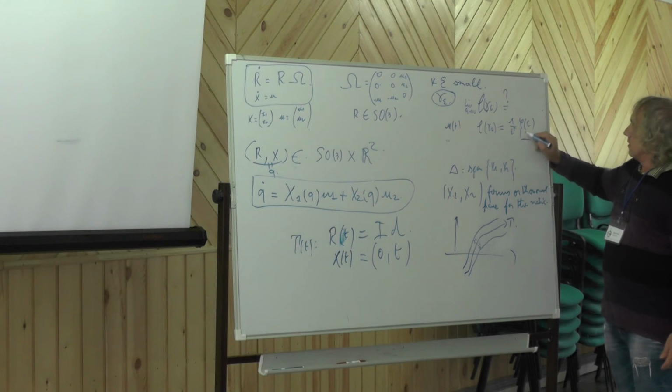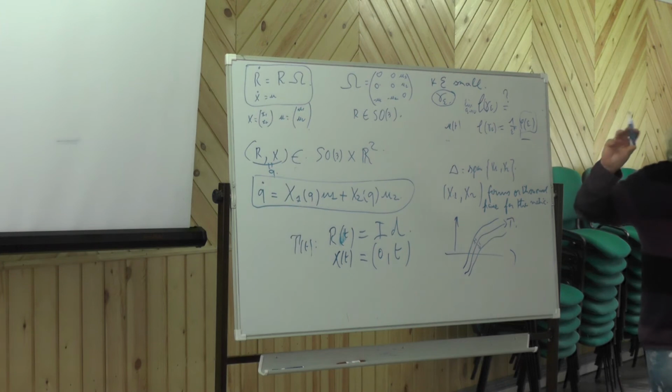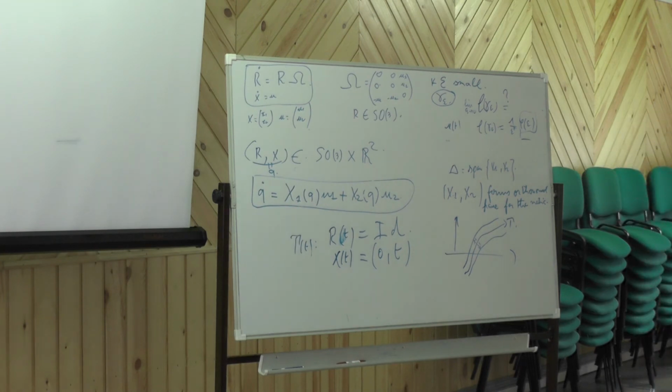And so the asymptotics of this function phi, the leading term when epsilon tends to 0, is something important in the problem. Up to this 1 over epsilon to the p, it gives you a certain measure of the length of your non-admissible path.